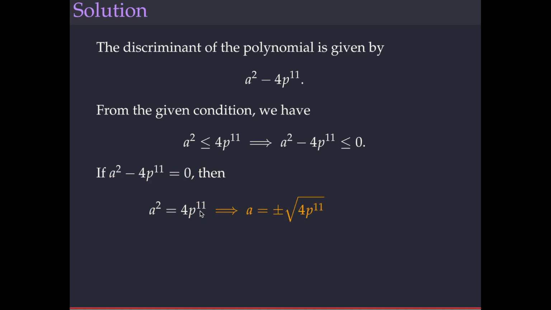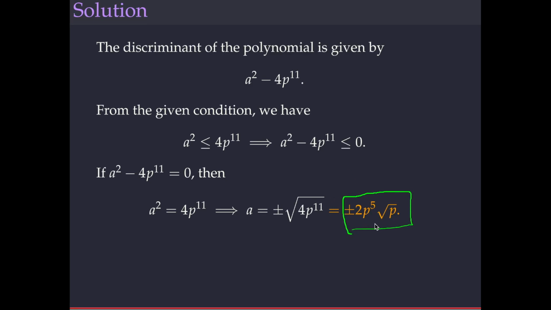From here, a is plus or minus square root of 4p to the power 11. I can write this as 2 times p to the power 5 times square root of p. So this is my a.